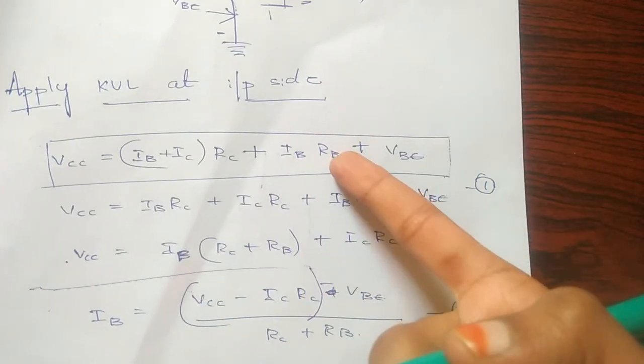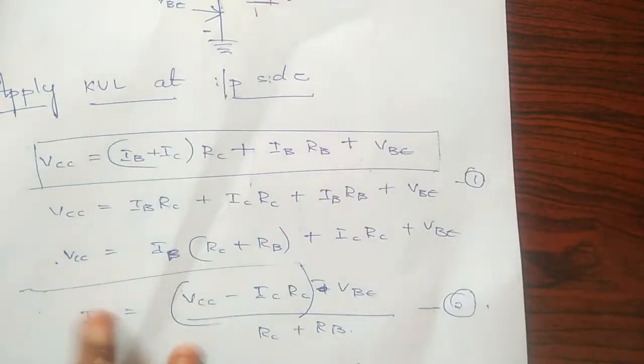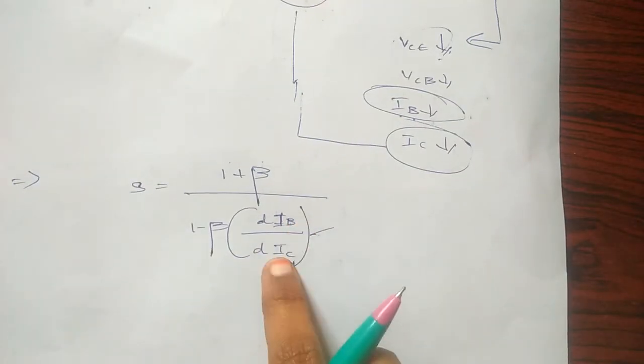And if you differentiate it with IC, then you get the value of dIB by dIC.